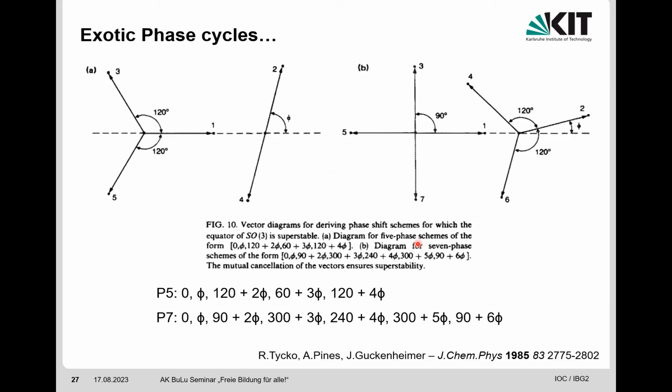So then Tycko, Pines and Guckenheimer came up with some exotic phase cycles where you do not just take positive and negative pulses, but where you have 0, 120, 60, 120 degrees, and you add a phase that is constantly increased. You add up a kind of a frequency shift with this, and they seem to work better than conventional sequences or supercycles.